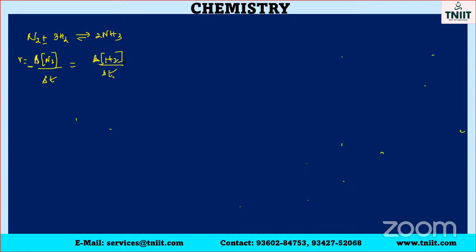But for hydrogen, you can see the coefficient is 3. Since the coefficient for hydrogen is 3, we have to divide it by 3. And we have to give a minus sign because hydrogen is also a reactant. That will be equal to plus 1 by 2 because the coefficient of ammonia is 2. Ammonia is a product.